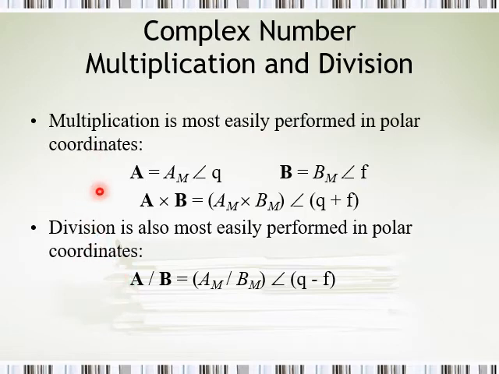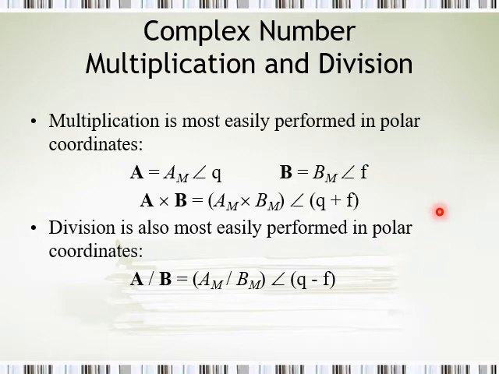If multiplication of A and B, we multiply the magnitude and we add the phase angle. For the division, we divide the magnitude and subtract the angle.